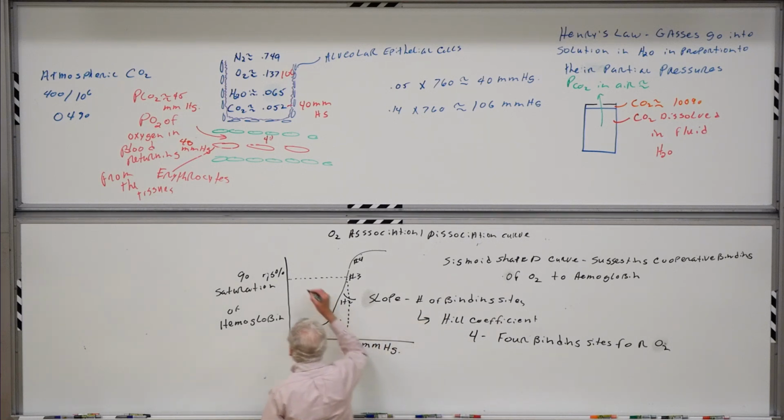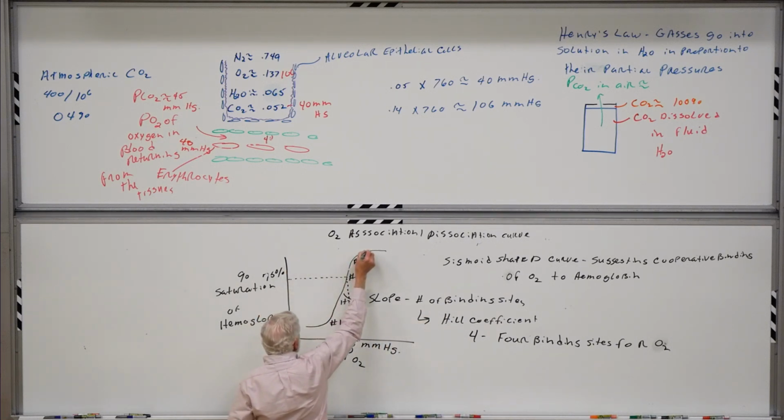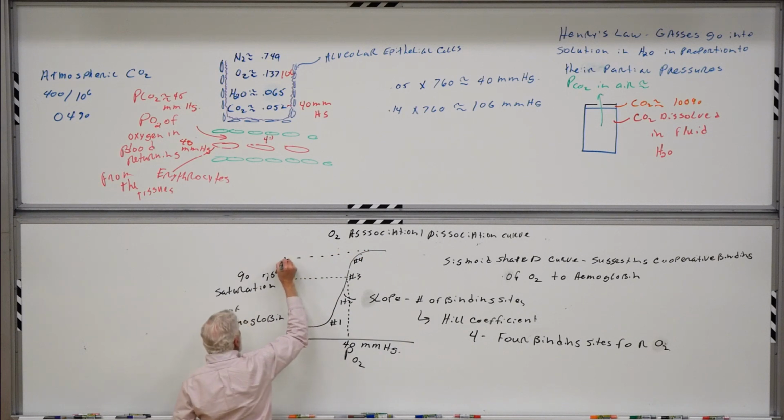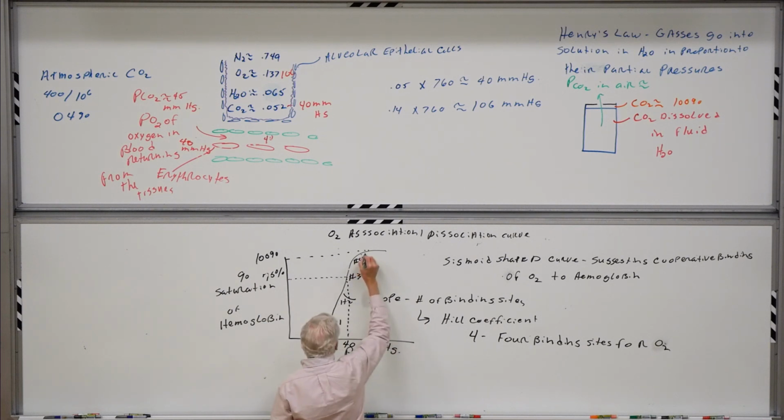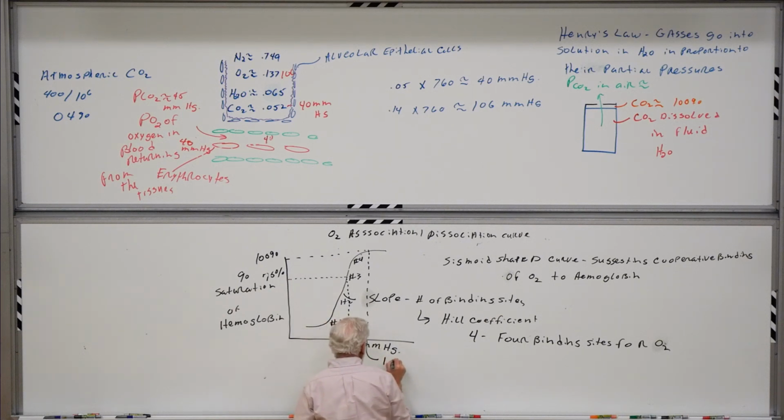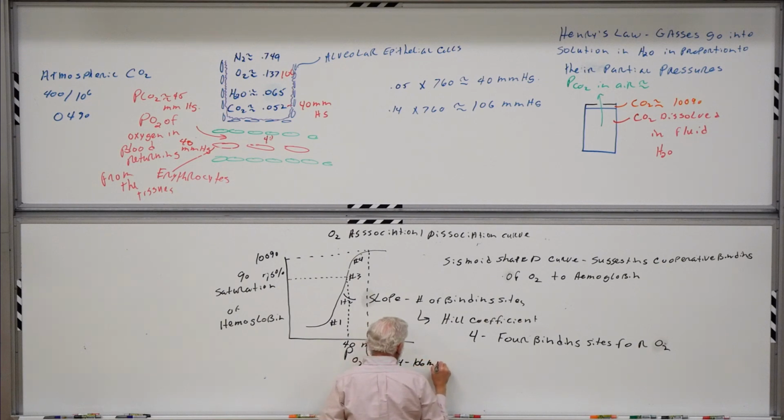The other point speaks to the question that came up earlier. If we go up a little bit farther in the curve, and we find that we are 100% saturated, and we work our way over to this side of the curve, we come down here at 100% saturation at a point which is about 104 to 106 millimeters of mercury.